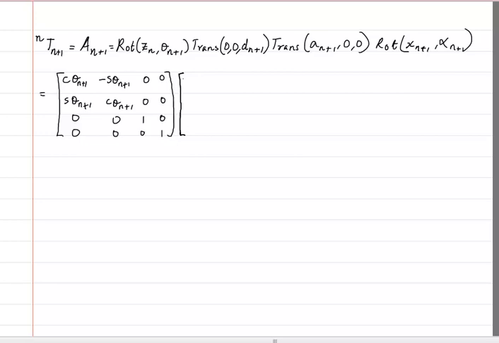So the rotation part will be simply identity matrix with a scaling factor of zeros, whereas the linear motion will be represented by 0, 0. In the z direction it is d n plus 1, 1.